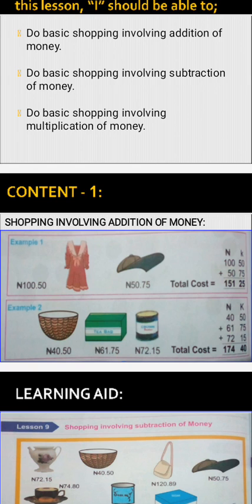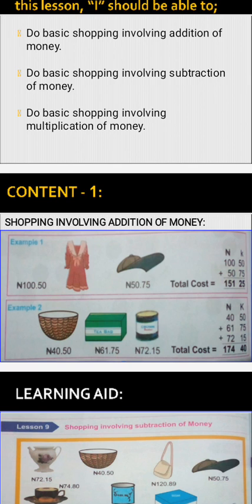If you go with a particular amount, you won't have a sad story at the end of the day, so you don't spend more than what you have with you. Because if you do, you might not be allowed to leave that place. So you look at the item, look at the price. Can I afford this particular one? If I pick 1 or 2 items, will I be able to pay? That's the essence of teaching you some of these basic things so that you grow with them.